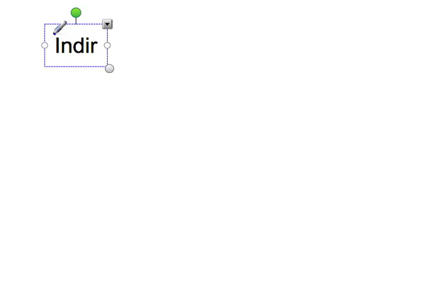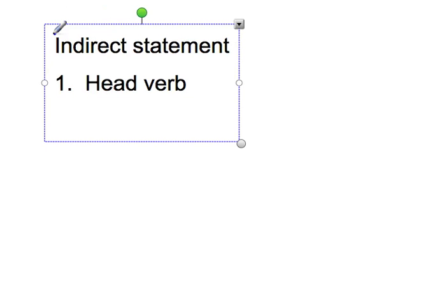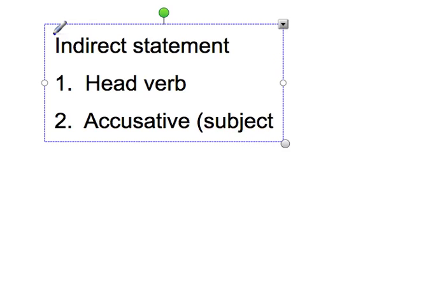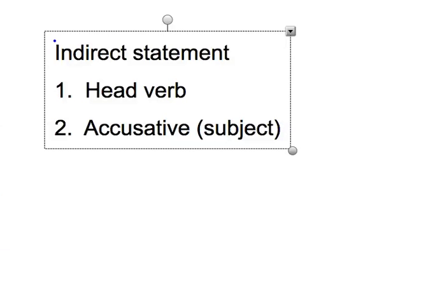So an indirect statement is made up of three parts. A head verb, which is any verb that has to do with something you do with your head. See, hear, believe, know, think, say. Then there will be an accusative, but ultimately this accusative acts like a subject and not like a direct object.